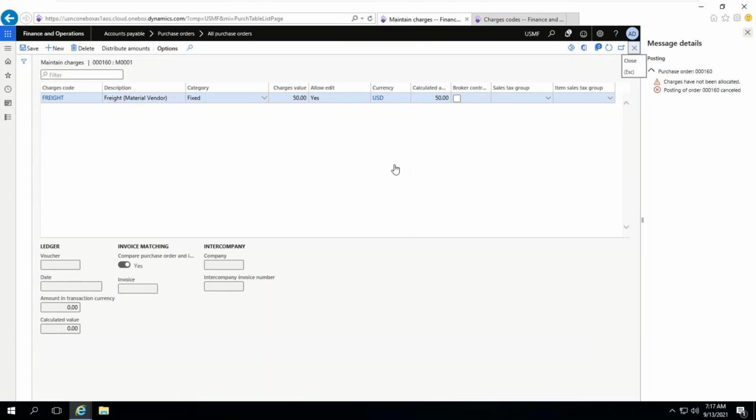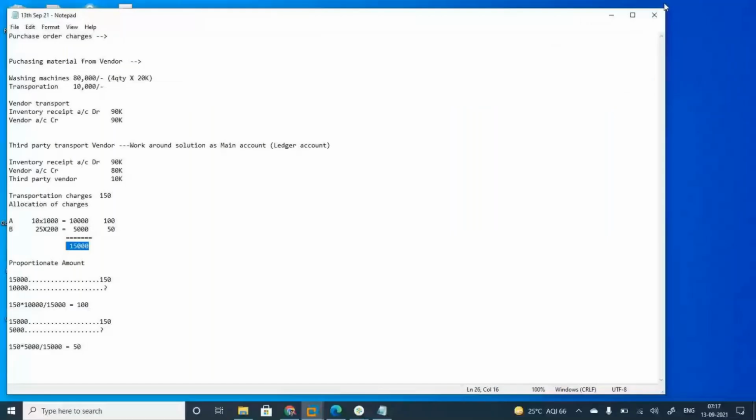In the header, it will be removed, and it will be moved from header level to line level. It was split into this, so what happens in the system is this $100 was incorporated. Then this is the price of the item, purchase price is 1000.